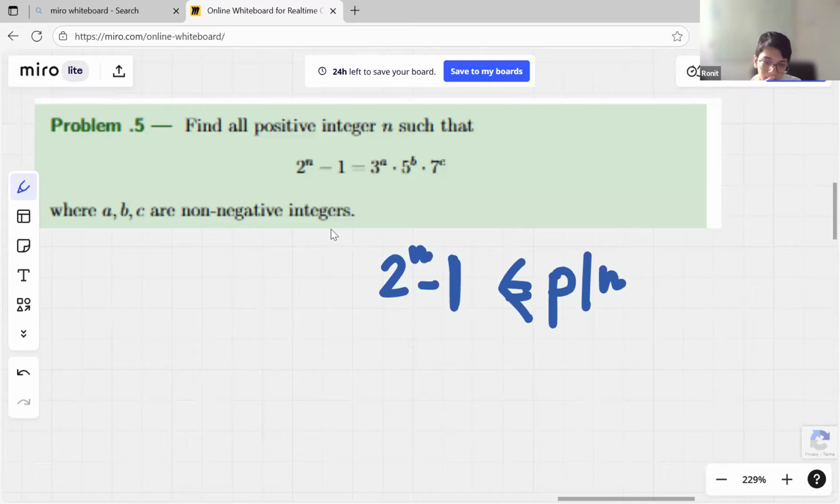Well, n cannot divide 2 to the power n minus 1. If we take the smallest prime divisor of n, then it can't divide 2 to the power n minus 1. No, I'm saying for any prime divisor of n, what will that imply divides 2 to the power n minus 1?